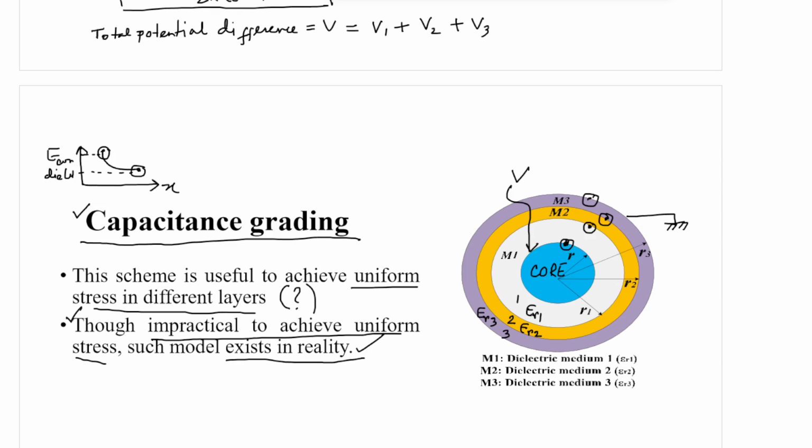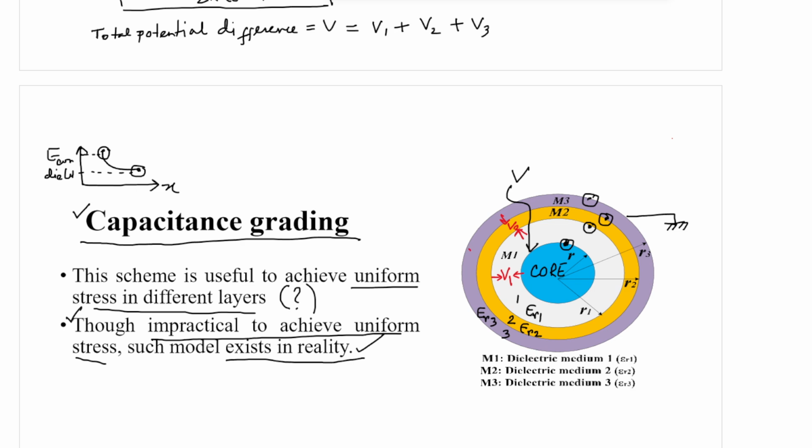Now V1 is the voltage difference of this layer. I am using a different color. This is V1, that means the potential drop of dielectric medium 1. Similarly, we have V2, the potential difference of dielectric medium 2.